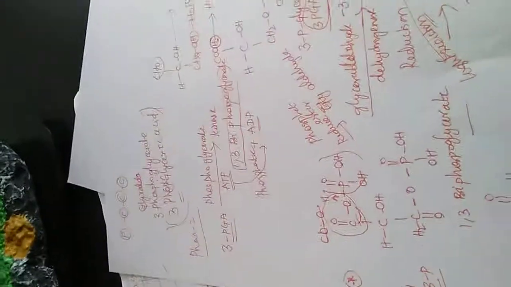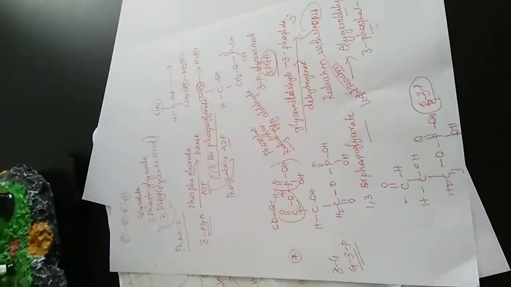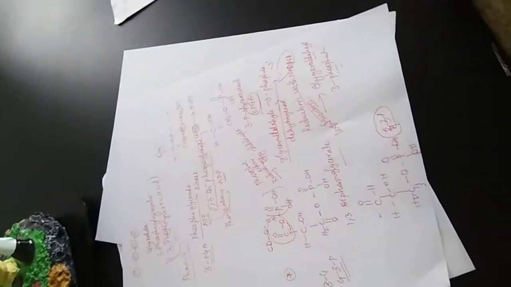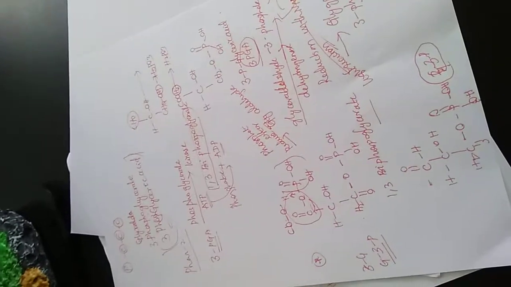This is part 2 of the Calvin cycle, phase 2, also called the reduction phase. The next phase is called regeneration of RuBP, where we regenerate ribulose biphosphate again.